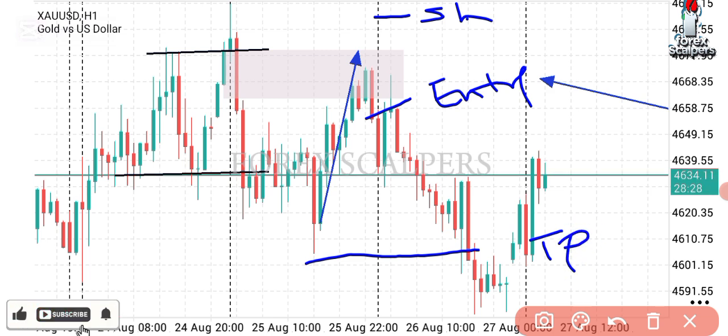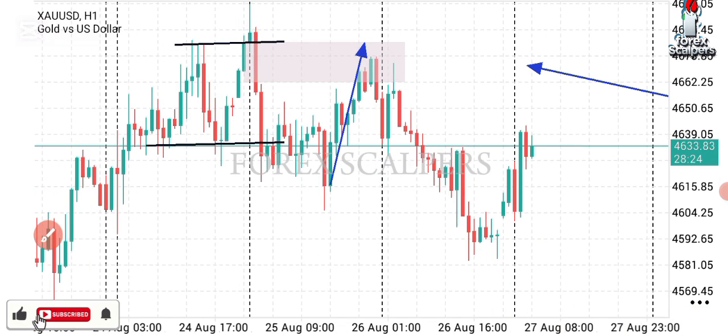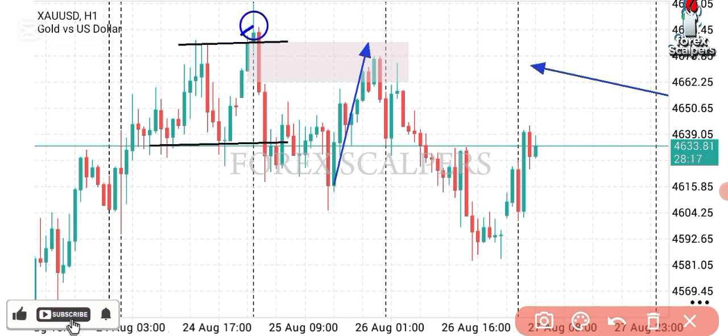So you can see how beautifully it plays out. Very simple and straightforward. So now what are we having? We are now having what? A lower high, a lower low, a lower high, and a lower low.